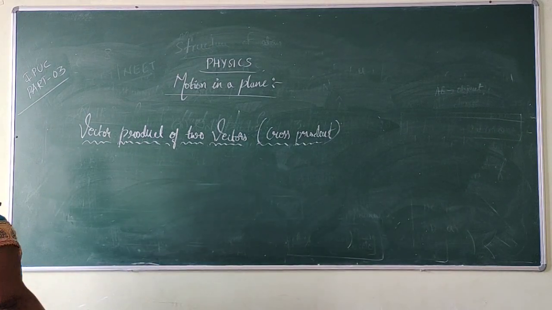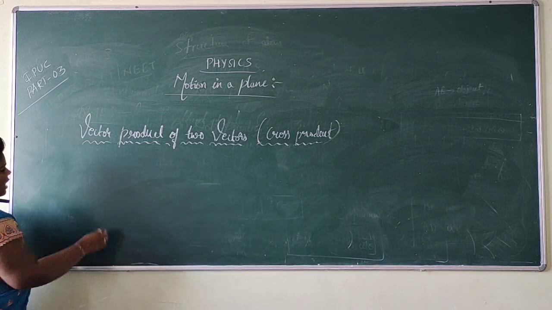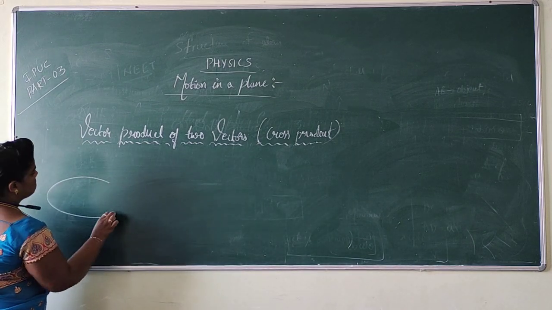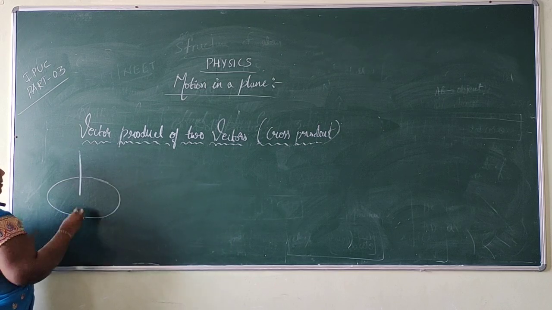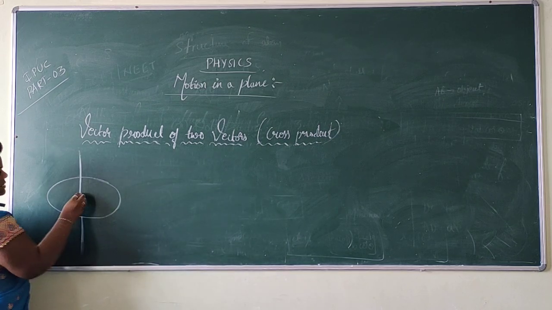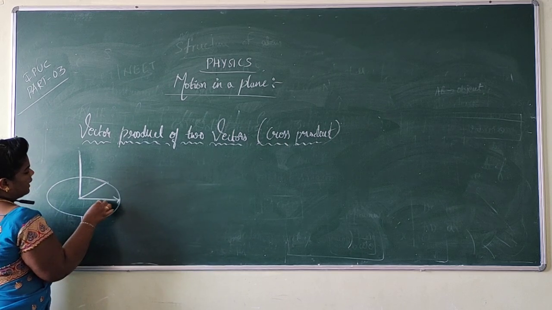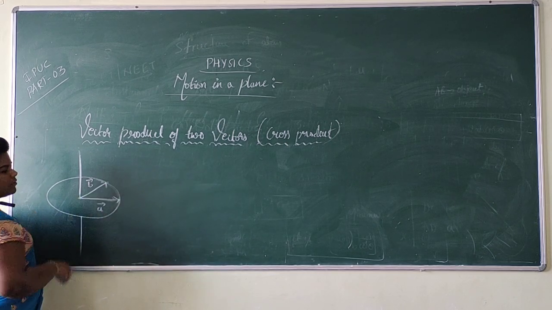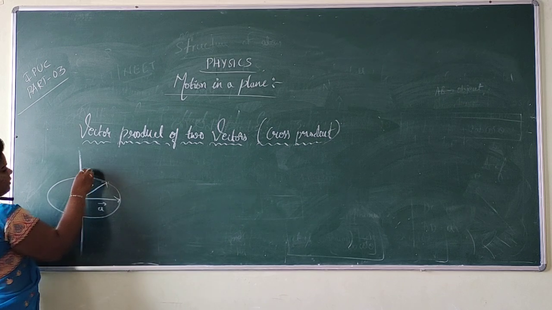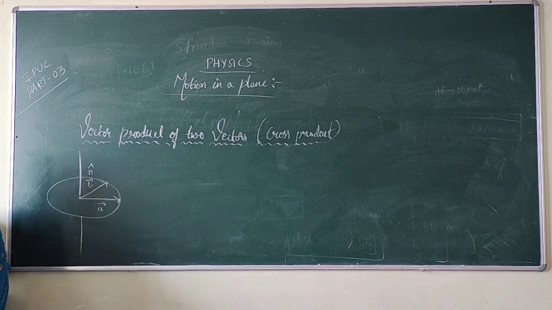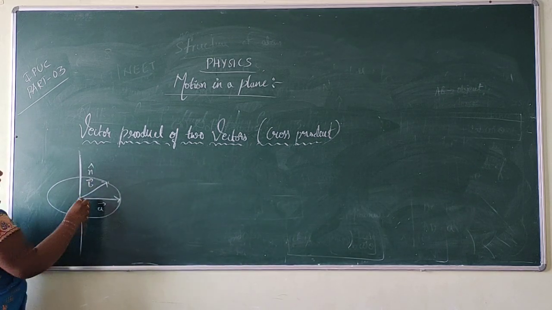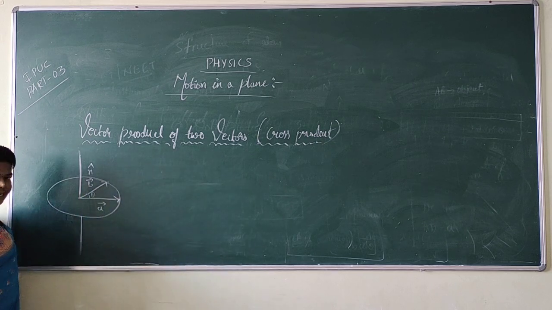Yes. See, my dear students, here I am going to consider two vectors, the vector A and the vector B, which have a unit vector n cap, and the angle between these two vectors is theta.